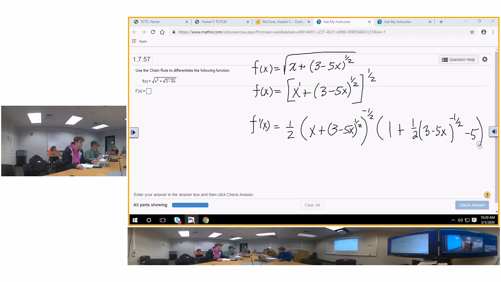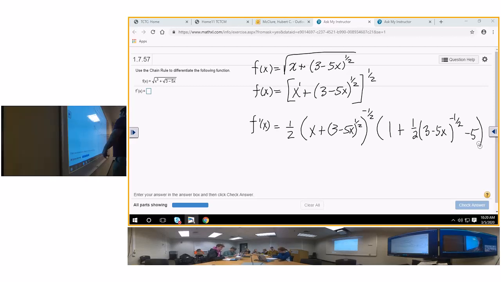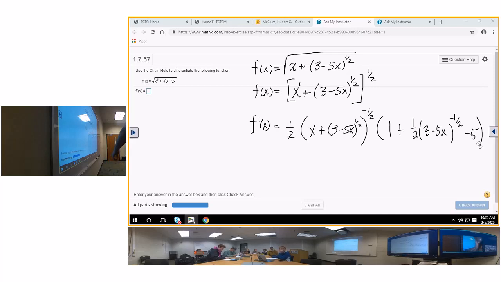I'm trying to see if there's any other f prime of x. That's going to be, you can bring this downstairs, and that's going to be the square root of all that trash. You could take that negative 1/2 and distribute it here and here.